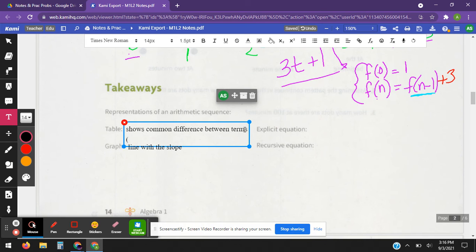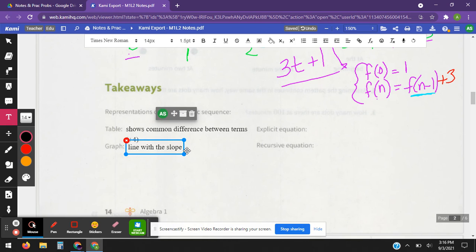It was a plus, where's my plus? Plus 4. So we're going back to the original up there. And then our slope, m equals 4. So our slope was 4. So then our explicit equation was, we wrote it in terms of f of t, let's practice that function form, 4t plus 1.